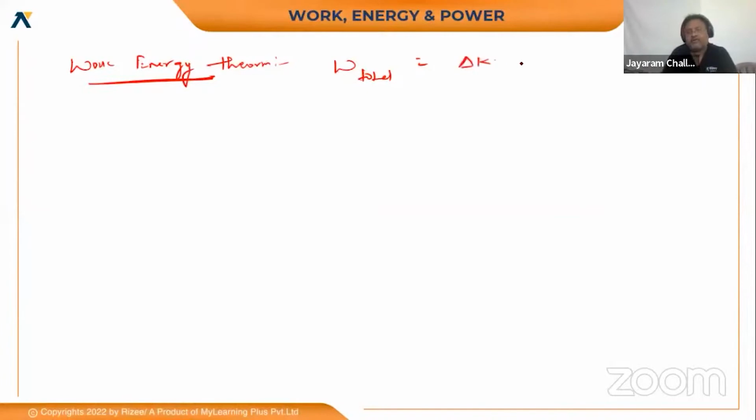Work done can be in different forms: work done by external forces, work done by internal forces, work done by gravity, work done by pseudo force, like this different amounts of work done. So total work done, that is F into S, or the work done can be written as the change in kinetic energy, that means half m v square minus half m u square. This is the work done formula.